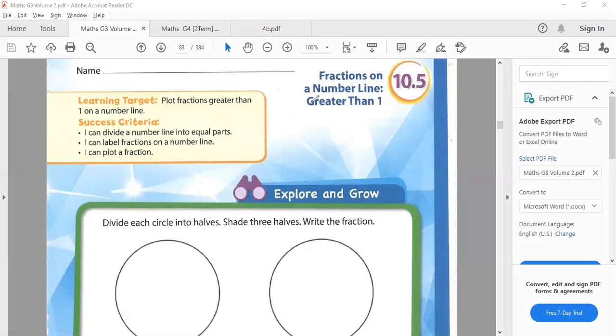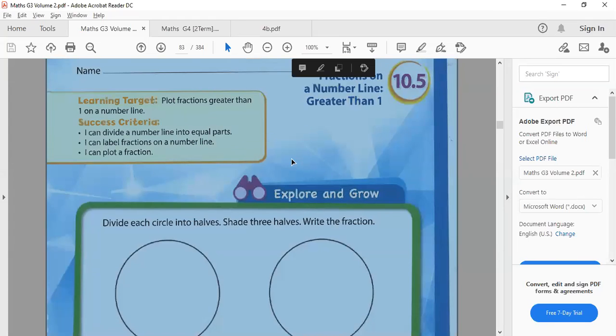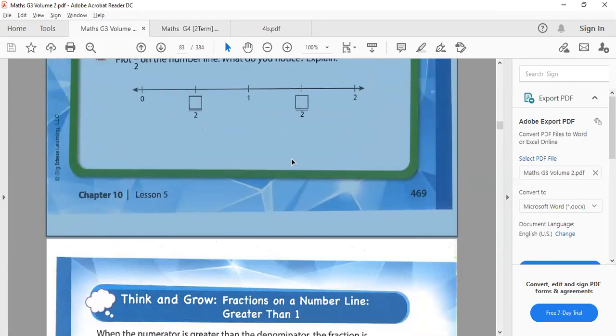Okay, so as we said, fractions on the number line greater than 1. I need all of you please to open your books on page 470.